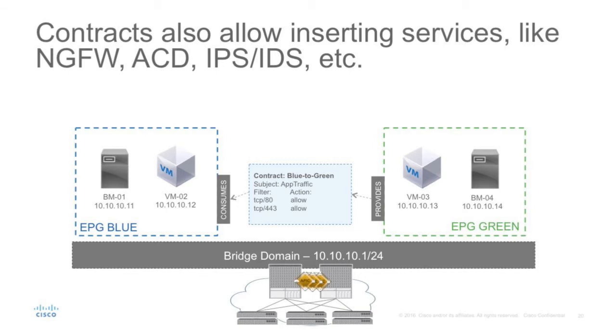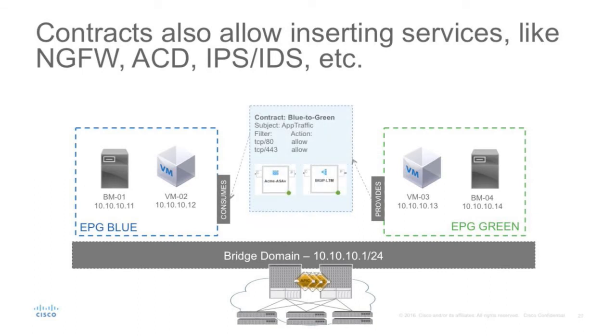Finally, insertion of services like next generation firewall or IPS/IDS systems or load balancers is done by augmenting the contract through a service graph. Picking on the same example as before, if we now want to add a load balancer and a next generation firewall in between them, we would attach a service graph that concatenates those two functions to the same contract that we were using before.